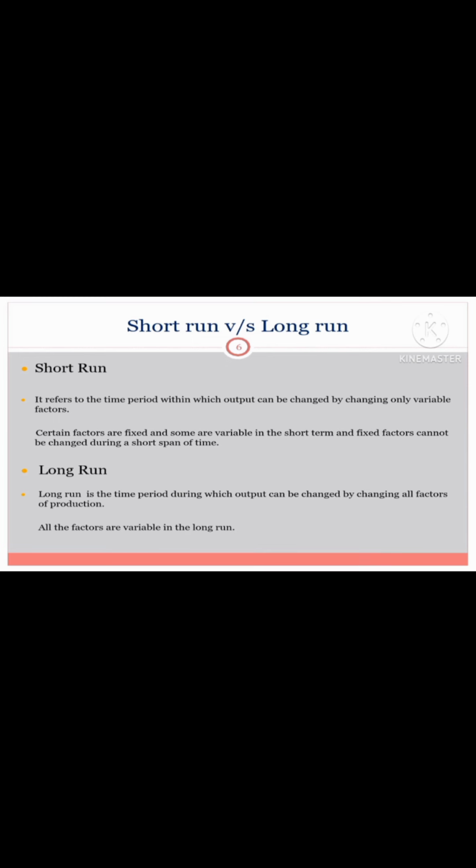And the definition has been displayed on the screen. So, short run refers to a time period within which outputs can be changed by changing only variable factors. And long run is that time period during which outputs can be changed by changing all factors of production.